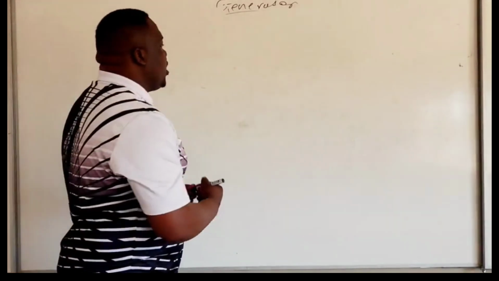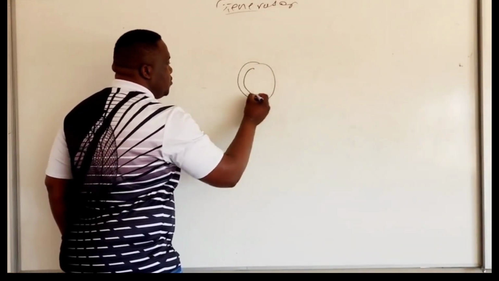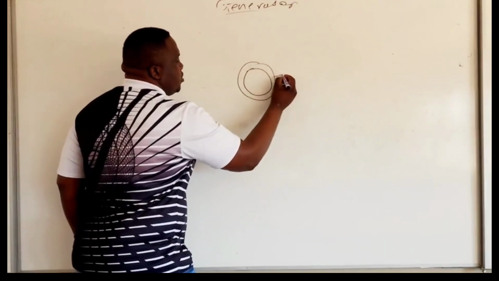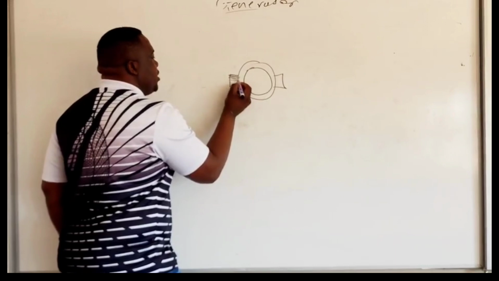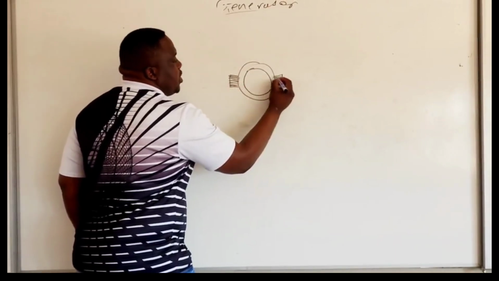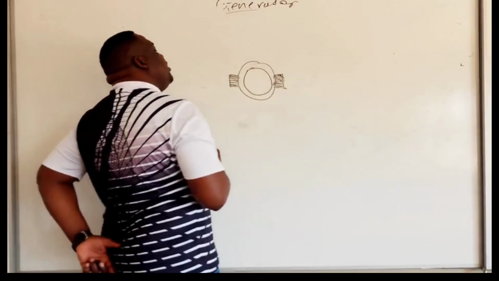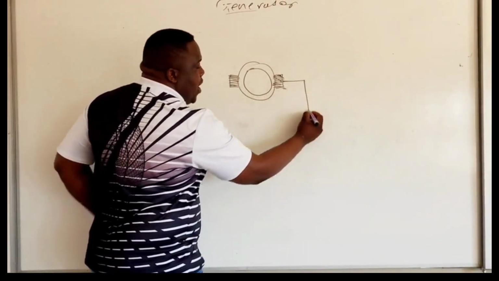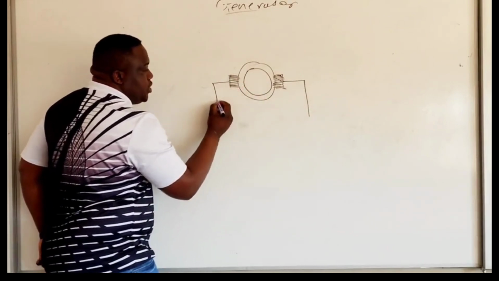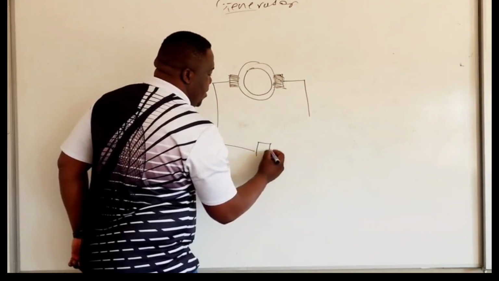Okay, we're still talking about the carbon brushes. Let me just draw a slip ring, then I draw carbon brushes. Let me darken them so that we are able to see them. These darkened things, you'll find that an electrical wire is connected to them. Let's say we have a bulb here.